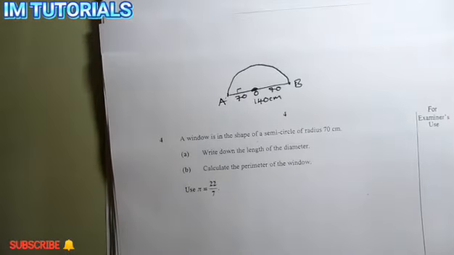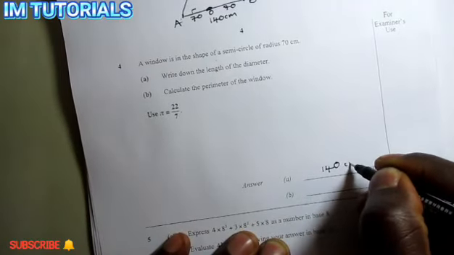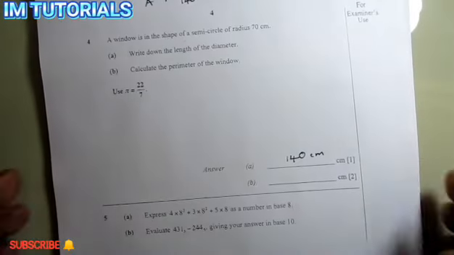I hope you are listening, class. Write down the length of the diameter. Diameter means 2 radius. So the length of the diameter is 140 centimeters, which is OA plus OB.